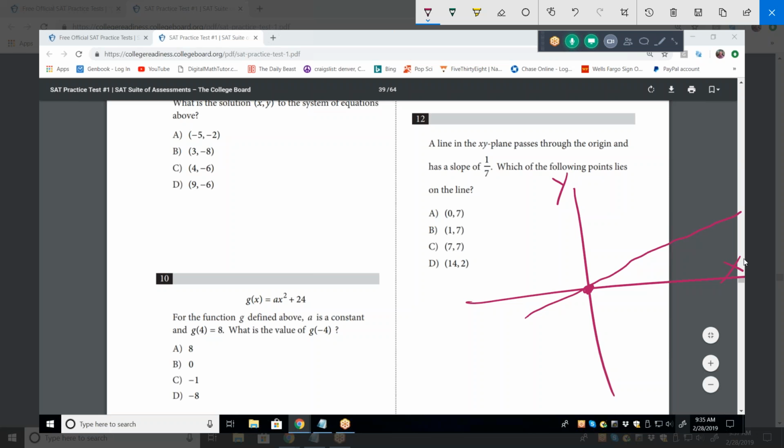Which of the following lies on that line? You just back solve every single point. Does that one lie? No, that point's up here. How about the second one? 1, 7.